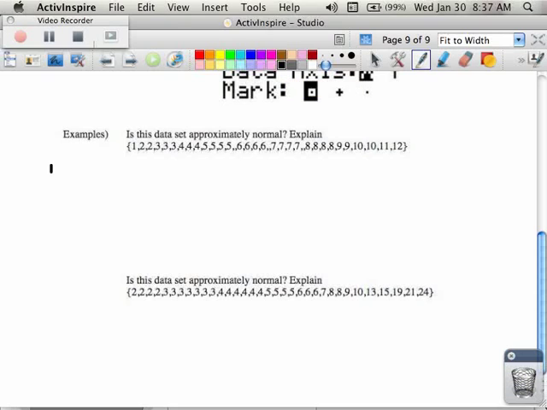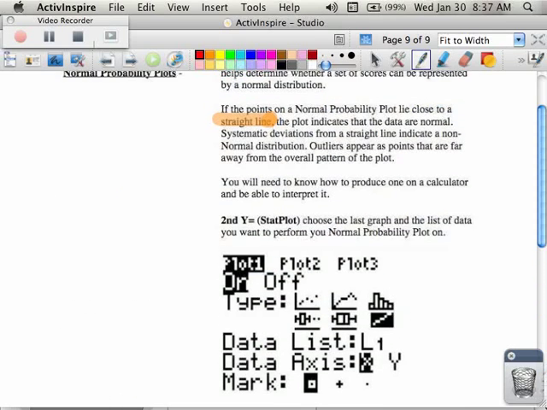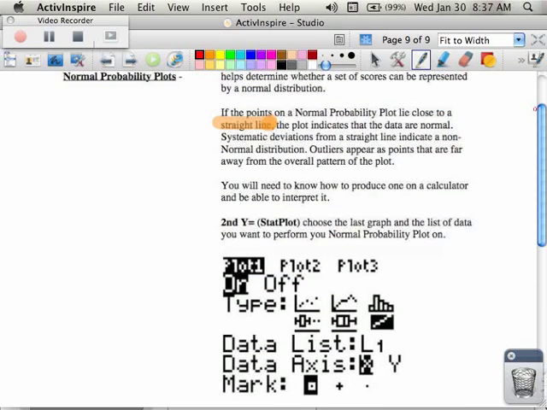I see a graph that looks like this, and then I see these dots, looking something like this. And from up above, it says I want a straight line. That's all it says, so that's good enough.